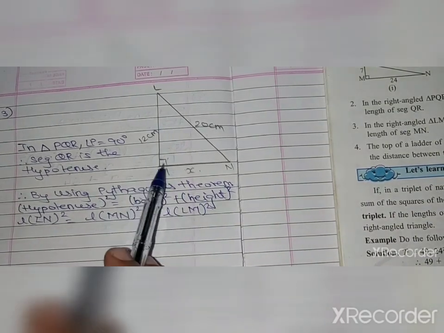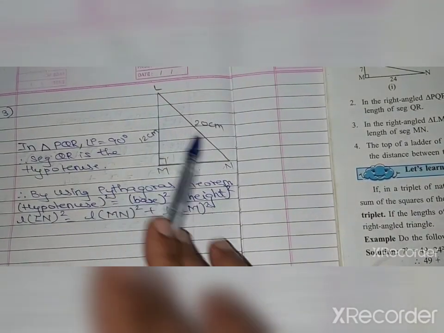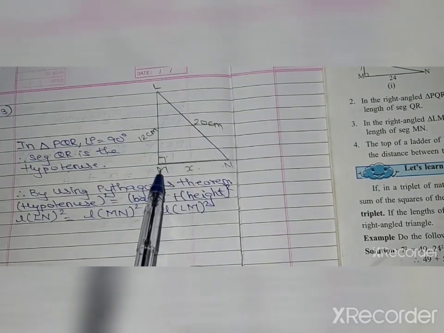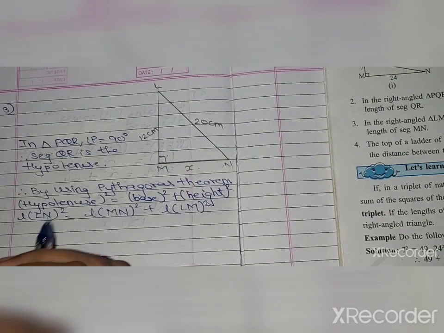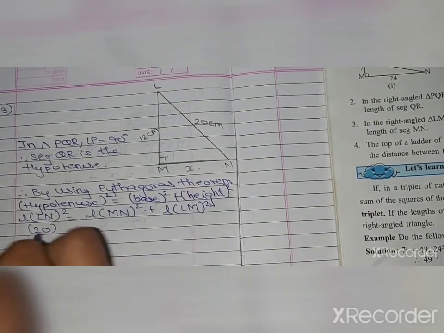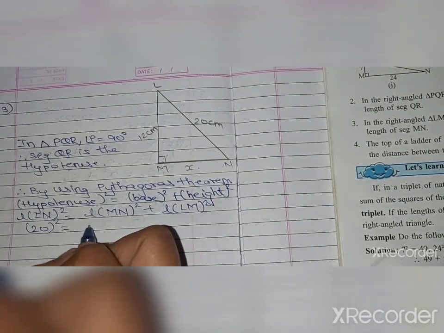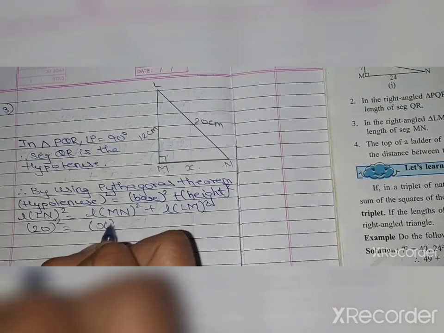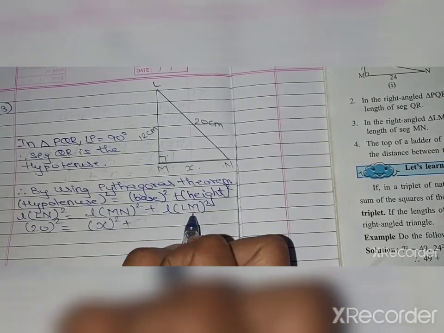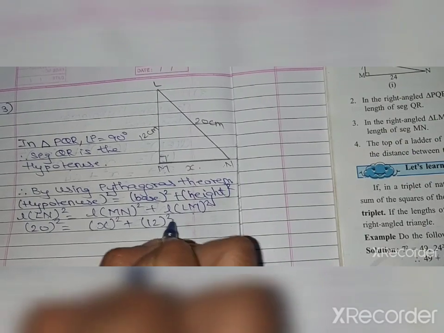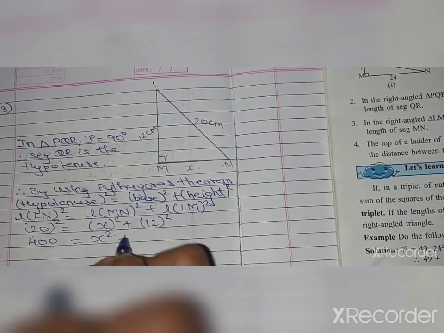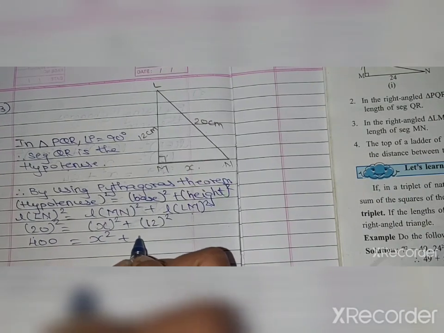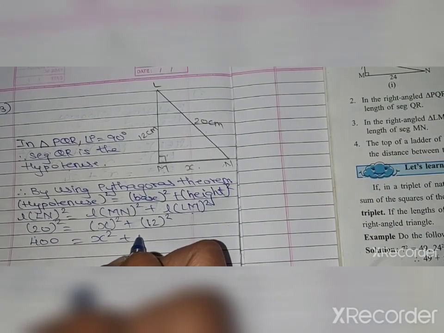How much is the hypotenuse? LN square means what is hypotenuse? LN square equal to LM square plus MN square. So LN square is how much? 20. So square of 20. MN we don't know, so x square plus LM is how much? 12 square. 20 square is 400 equal to x square plus 12 multiplied by 12, 144.